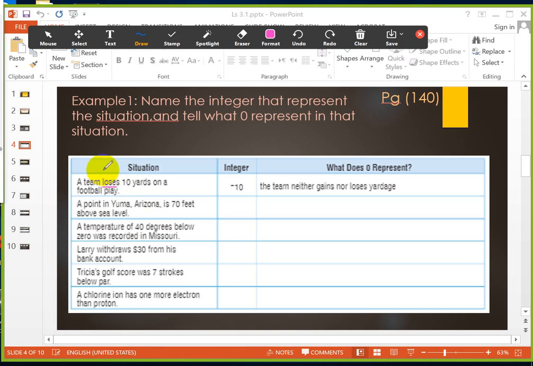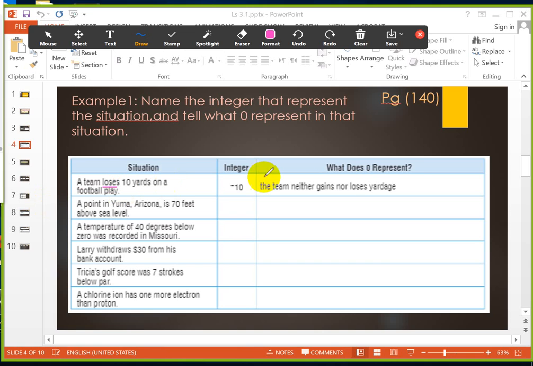Because losing means negative, but winning or taking means plus, and I think you can understand this very well, right? Because you read here loses, that means this is a minus, a negative integer. But what is the quantity here? The quantity is 10. That means the number that represents this situation is -10.